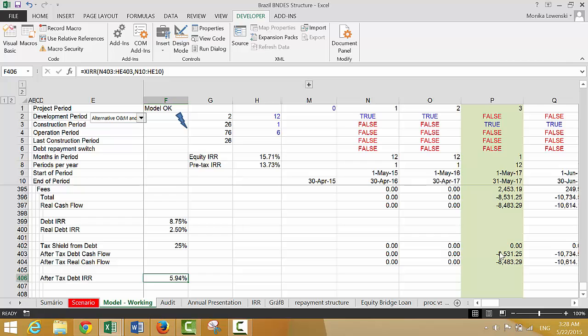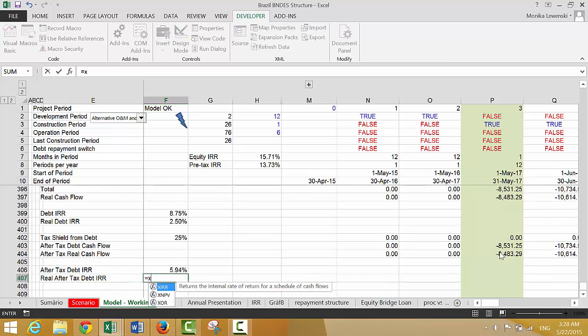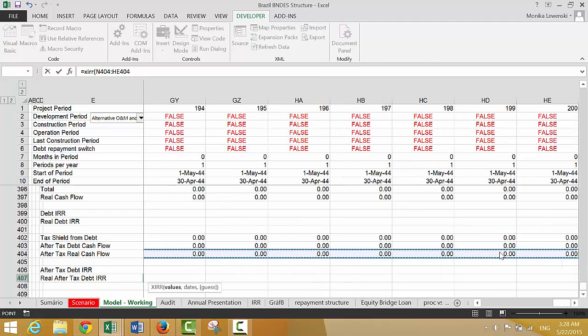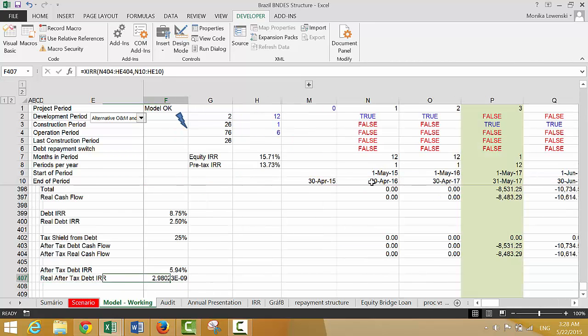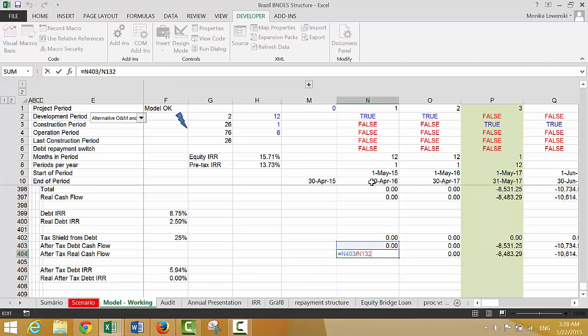And then finally, let's do the real one after tax. Okay, and we put equal XIRR, and I hope minus 0.001 enough. Oh shit!